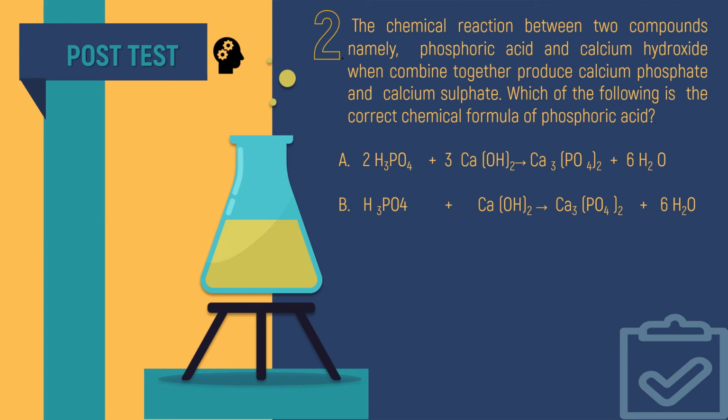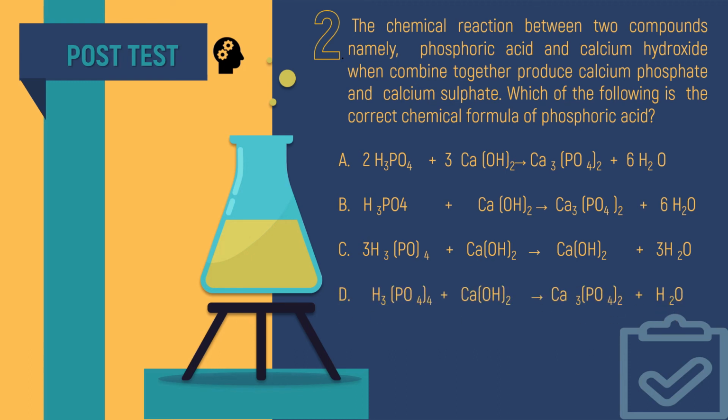B. Phosphoric acid reacts with calcium hydroxide, producing calcium phosphate plus 6 moles of water. C. 3 moles of phosphoric acid plus calcium hydroxide, producing calcium hydroxide plus 3 moles of water. D. H3PO4 plus calcium hydroxide, producing calcium phosphate plus water.